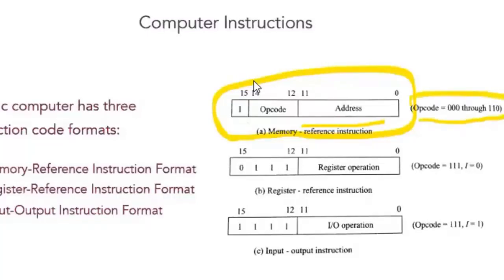Now we all know that there are 3 bits reserved for the opcode. That means how many operations can be performed by any instruction? It can be 2 raised to power 3, that is 8 operations. Because 3 bits are reserved for opcode, that means 8 operations are possible to be performed by this opcode here.